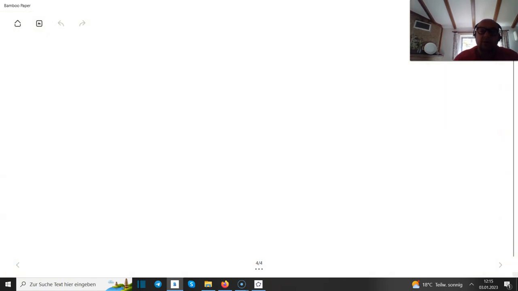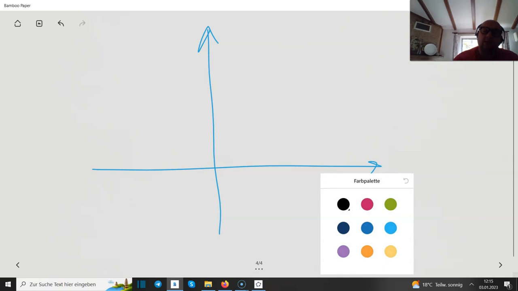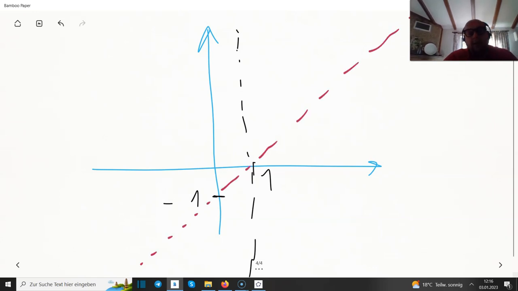So can we draw the graph already? Yes, we can. Let's do it. So no zero points. We had troubles at 1. Let's see what's happening there. We know that in the long run, we're going to be approaching this line x minus 1, and we are having a min and a max.